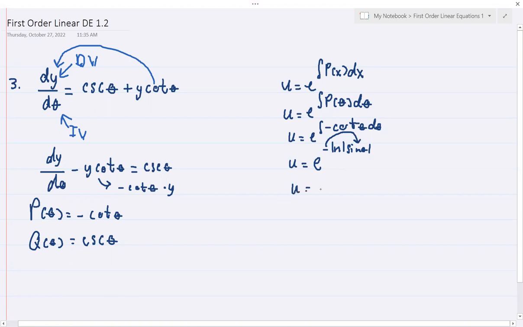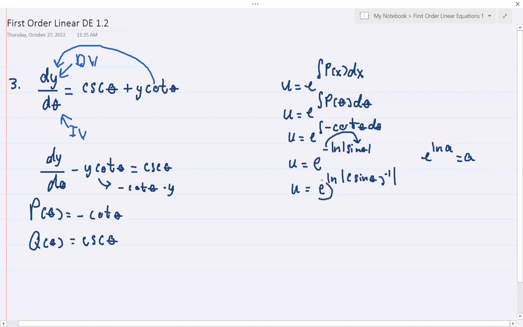So you have u is equal to e raised to ln of sine theta raised to negative 1. So remember again, e raised to ln of a is equal to a. If you have a base of e and an exponent of ln, just copy the input.